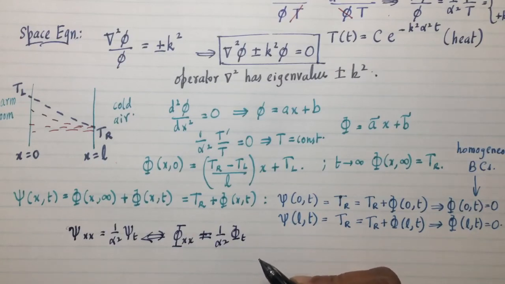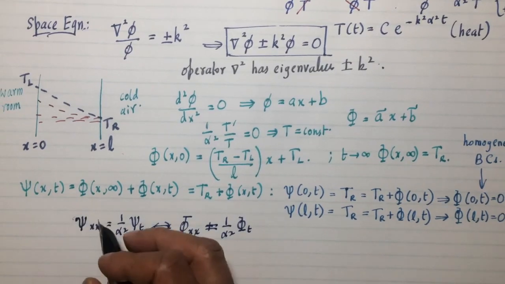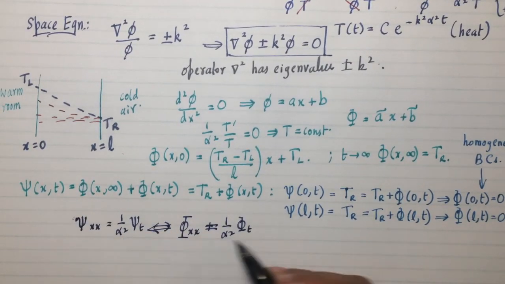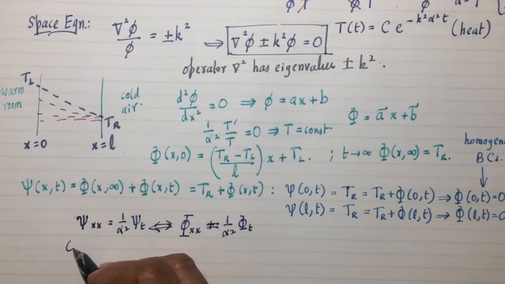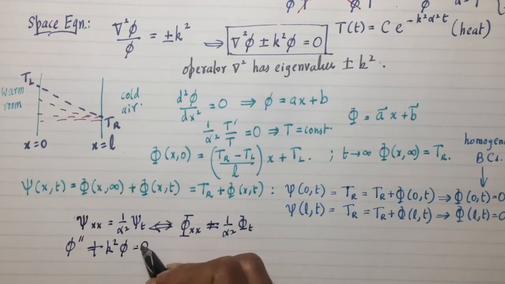Now you do the same separation of variables and you get the Helmholtz equation. The Helmholtz equation this time is rather trivial. You just get phi double prime plus k squared phi equals 0.